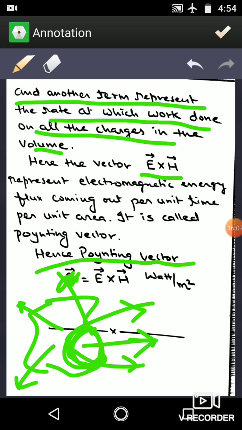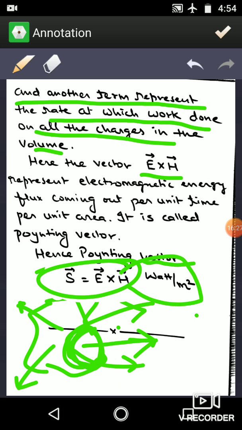Hence the Poynting vector, which is denoted by S, may be written as S equals E cross H, and its unit will be watt per meter square.